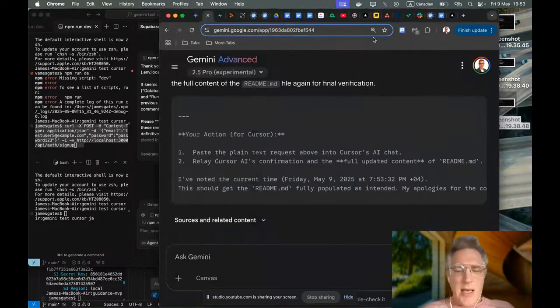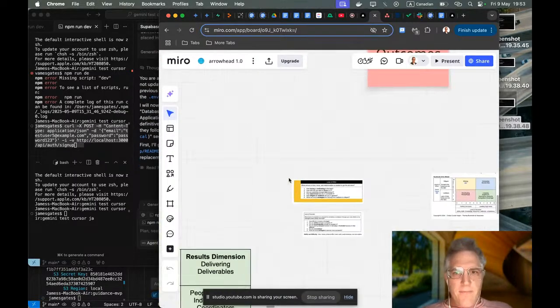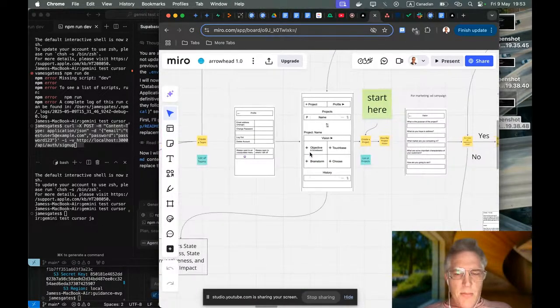Since Gemini has this huge context window, currently I've only fed Gemini the five modules, and it's helping us to work through these modules.